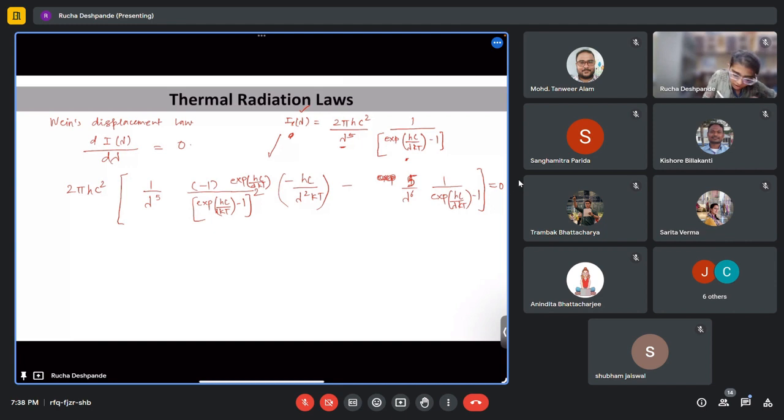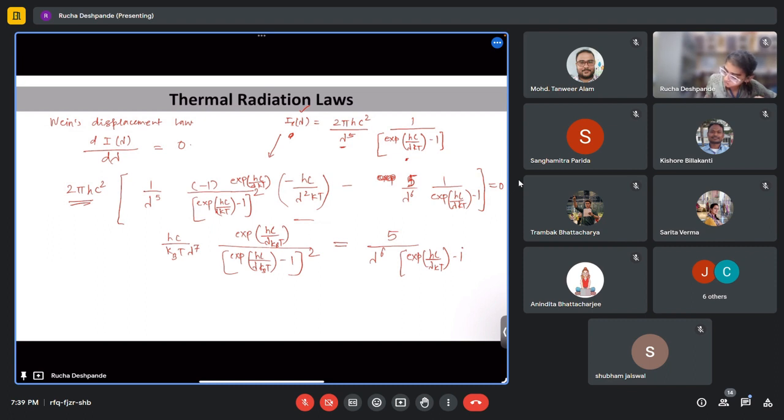So this part will vanish and then we'll solve this equation. So we have, right?